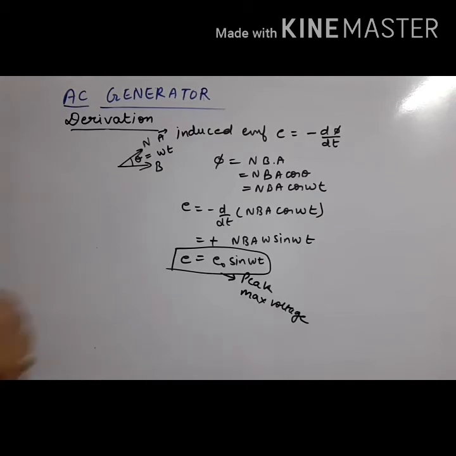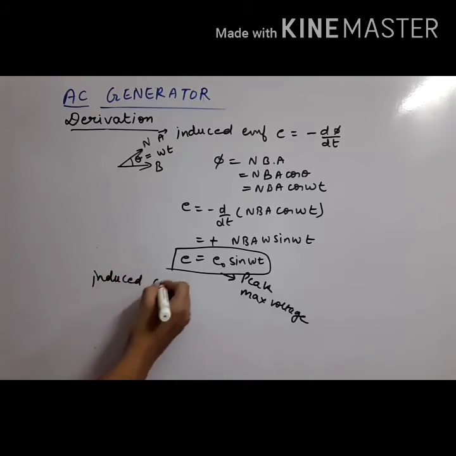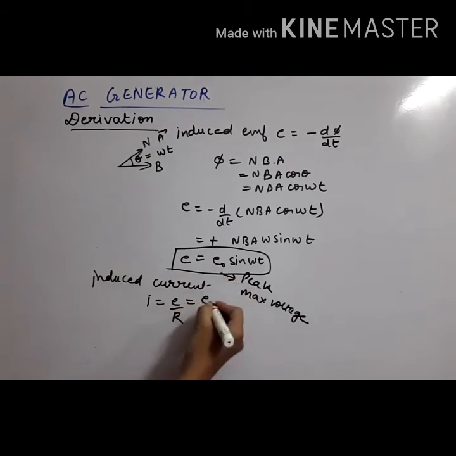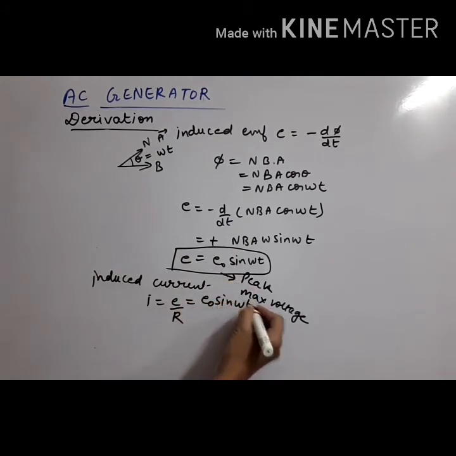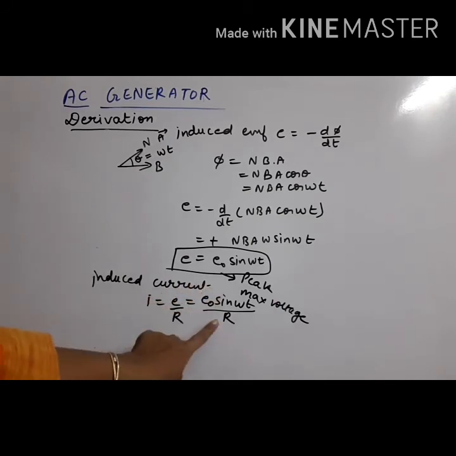If we want to get the induced current, then the induced current formula is I equal to voltage upon resistance. Voltage is given by this equation. So what we need to do here is just divide this voltage equation by R. Now R is the resistance of the whole coil in which the current is flowing.